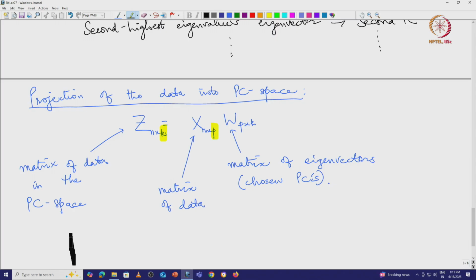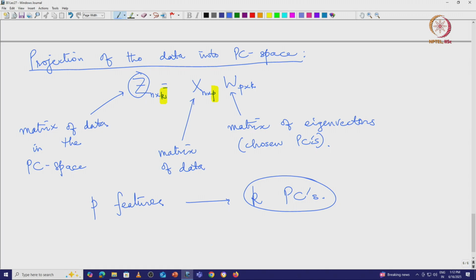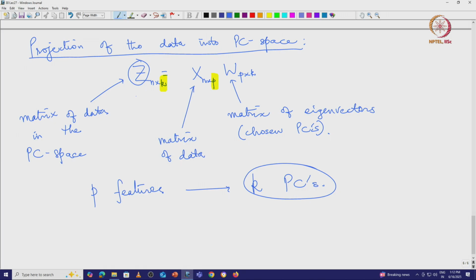So, the p features, right, you have been able to collapse into k principal components, right, and you can now develop a supervised ML model that works on these k principal components, and your new data matrix becomes the z matrix, right. So, this is how you can use the principal component analysis to your benefit, right.